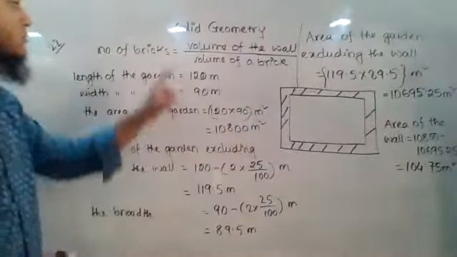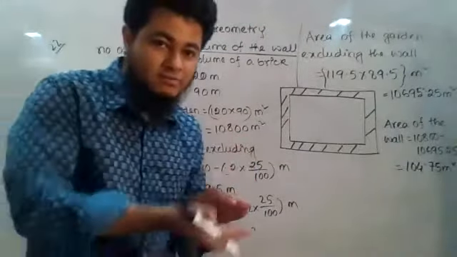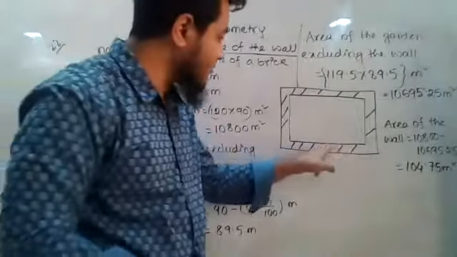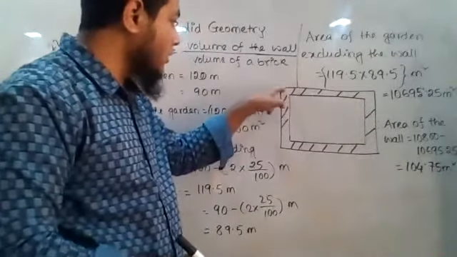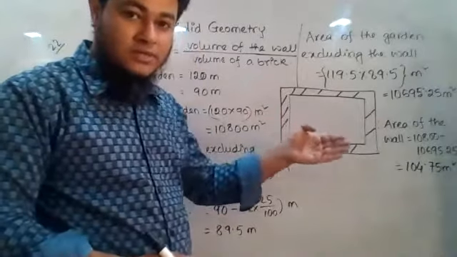But what we need is the volume of the wall. So if I multiply the area by the height, I will get the volume. The wall has a certain height, right?